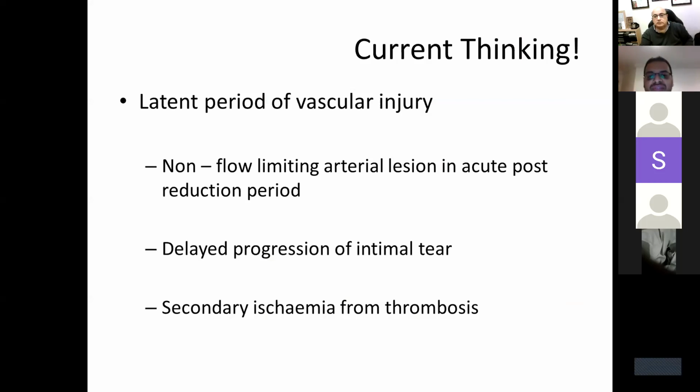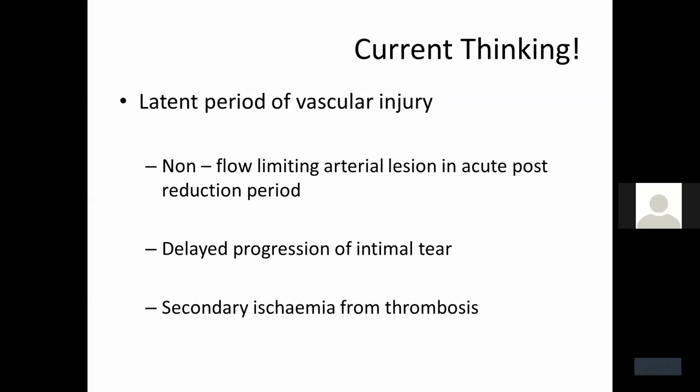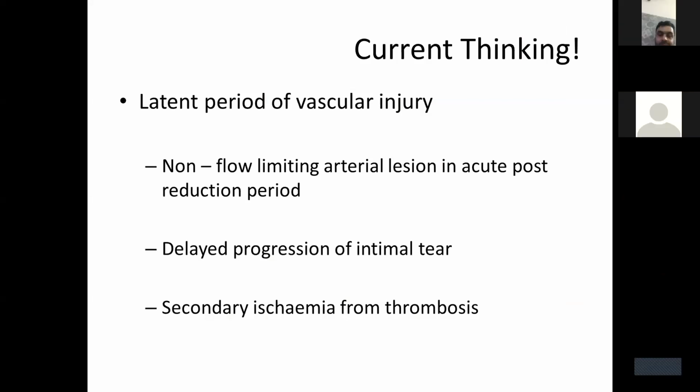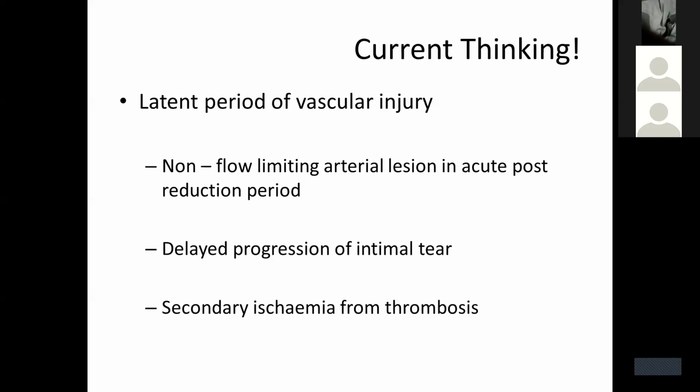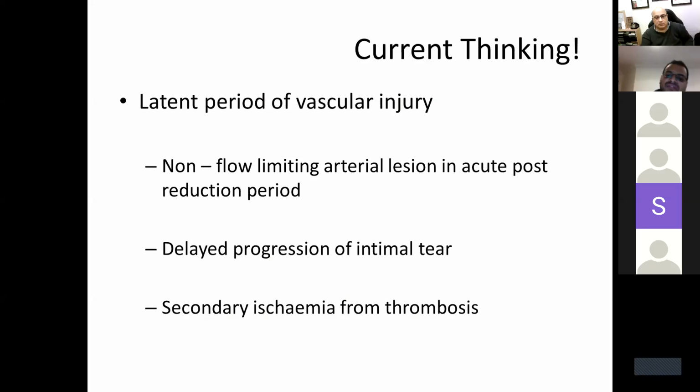You can have a vascular injury when there is a flow-limiting lesion in the acute post-reduction period, i.e. something has literally blocked the arterial flow, or perhaps something that we're more commonly familiar with is a delayed intimal tear which still allows some flow, and you can still have peripheral pulses and good capillary refill, but then that often evolves and progresses to a full-on blockage, or you may have secondary ischemia from a thrombotic event in the intravascular compartment or in the intravascular space.